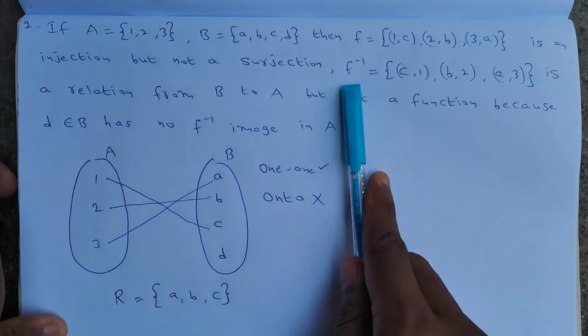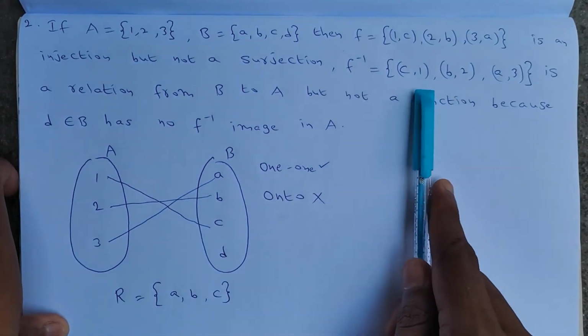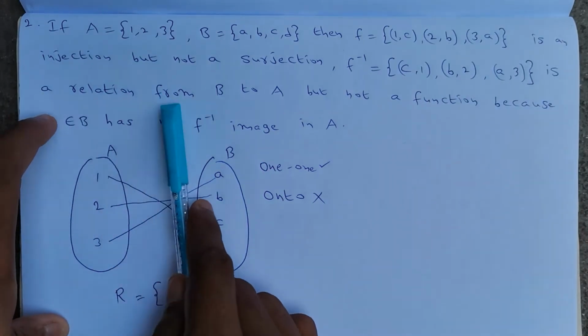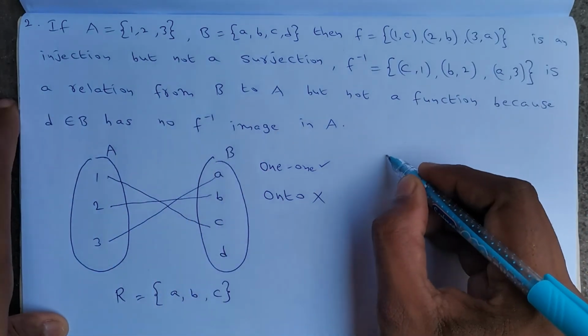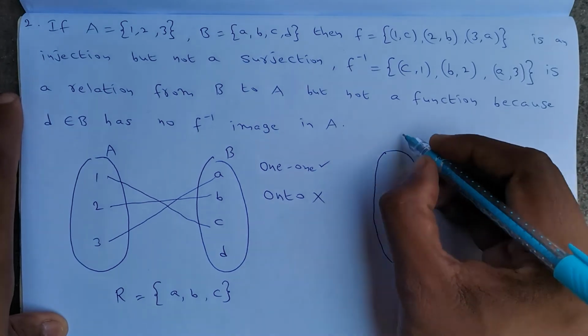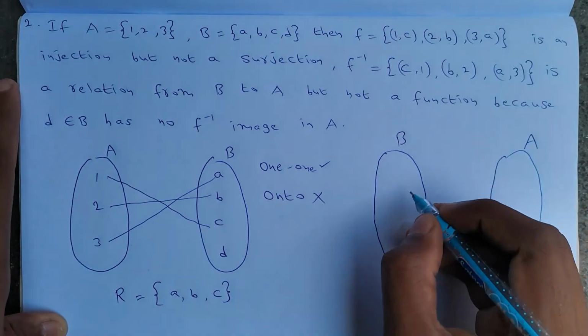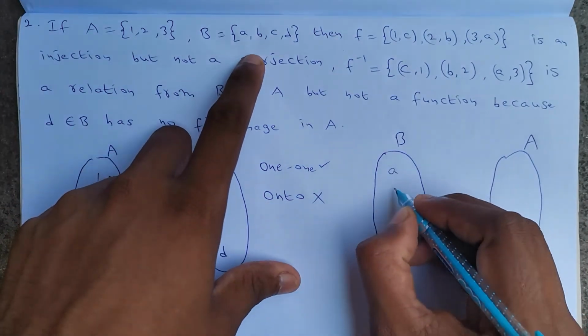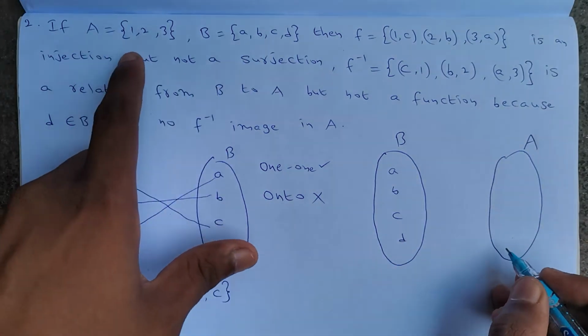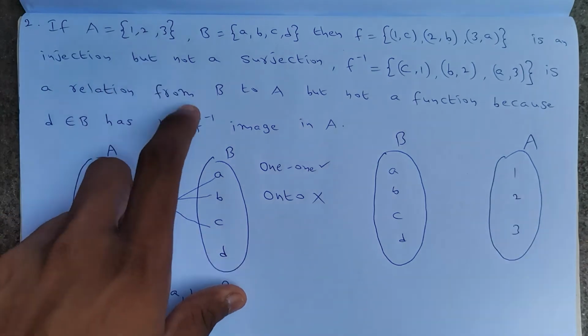Next, F inverse: C1, B2, A3 is a relation from B to A. From set B to set A now. Here it is set B and here it is set A. Set B elements are A, B, C, D and set A elements are 1, 2, 3.